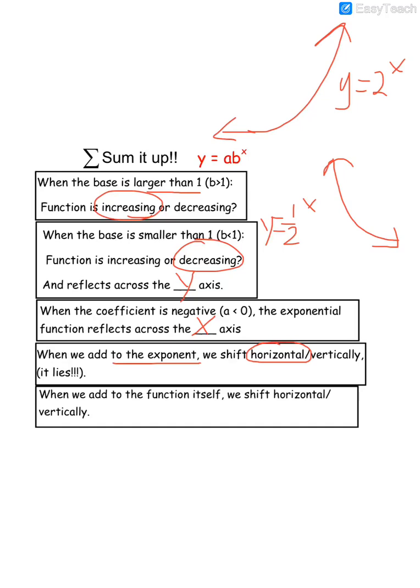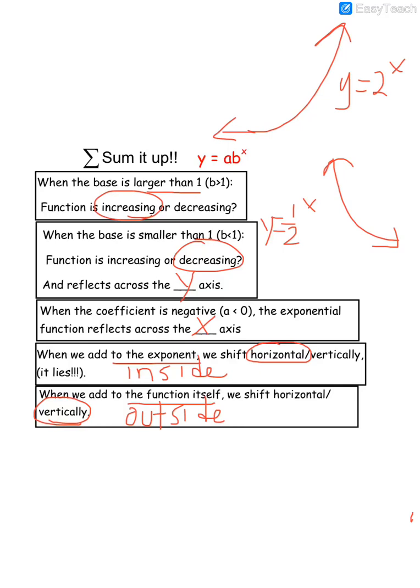When we add to the function itself, that's on the outside, and I'll call this inside. It is shifting it vertically, up or down.